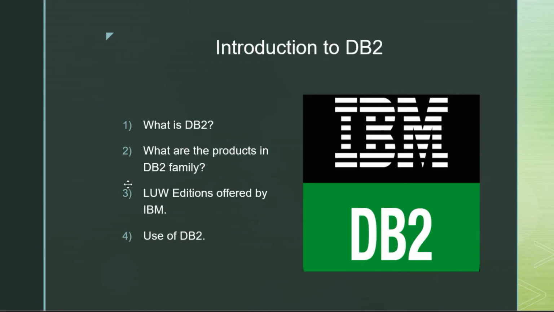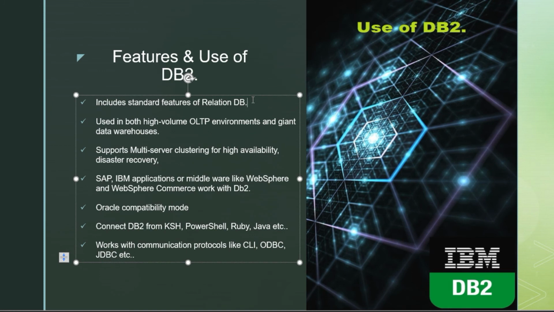Moving on to the next topic, which is the use of DB2 or features of DB2 in real life. DB2 has all the standard features you require out of a relational database. IBM DB2 helps you quickly build and deploy mission critical applications in your organization.